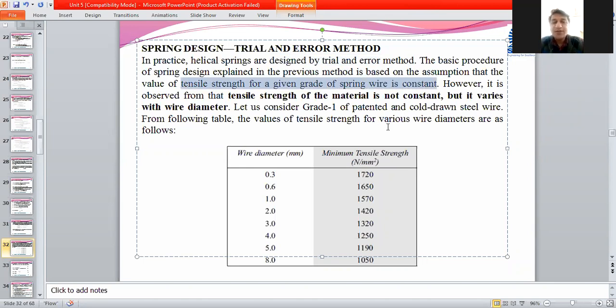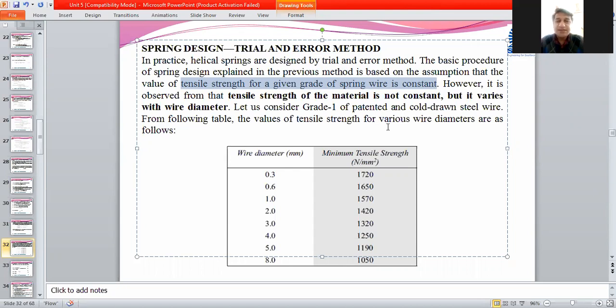This is important because all the formulas which we have derived in the previous slides on the design of the helical spring depend upon this assumption, that the tensile strength for the given grade of spring wire is constant, even though you change the diameter.